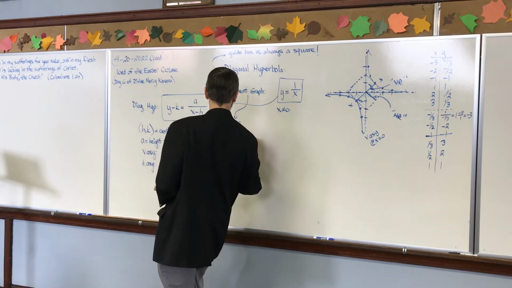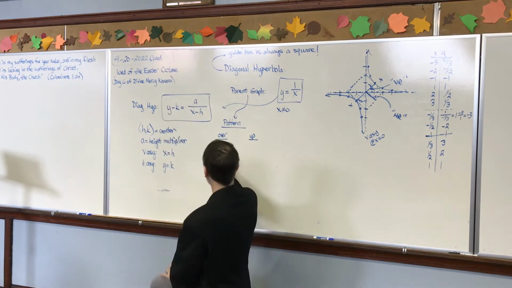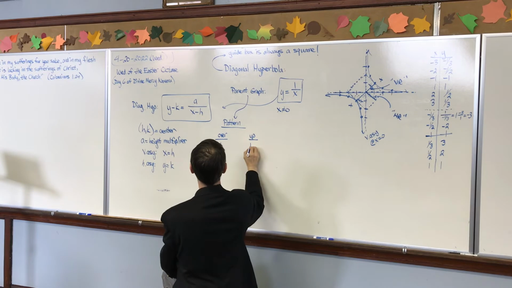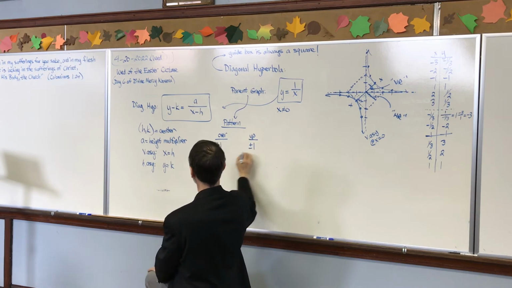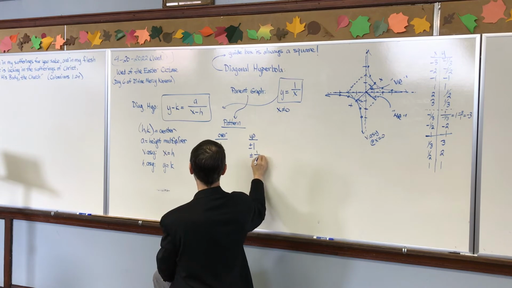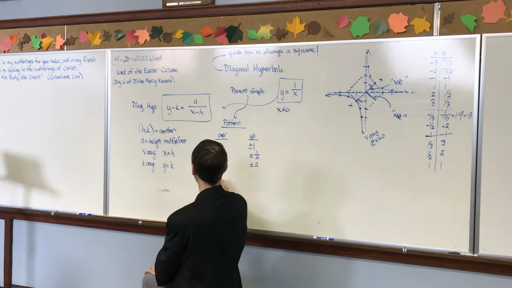Over, up. Here's how it goes. Over, I will say plus or minus 1. Up, plus or minus 1. Over plus or minus 2. Up plus or minus 1/2. Over plus or minus 1/2. Up plus or minus 2.